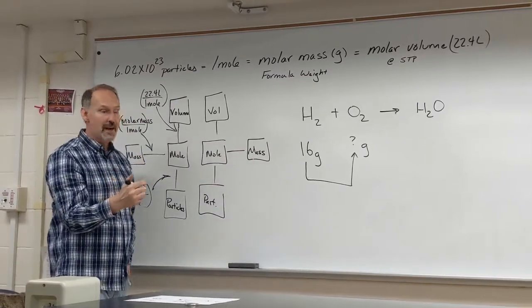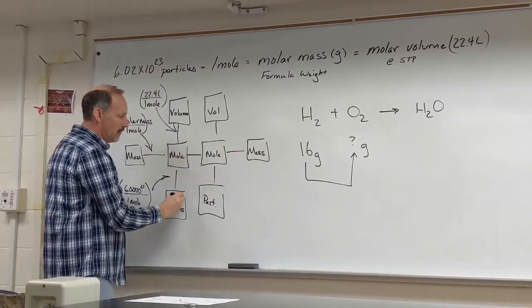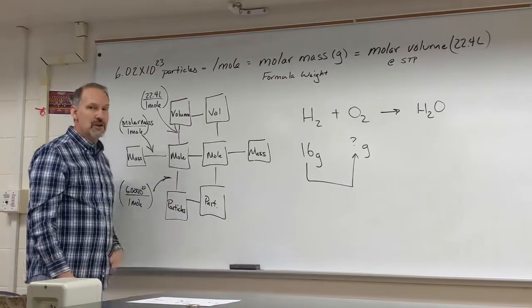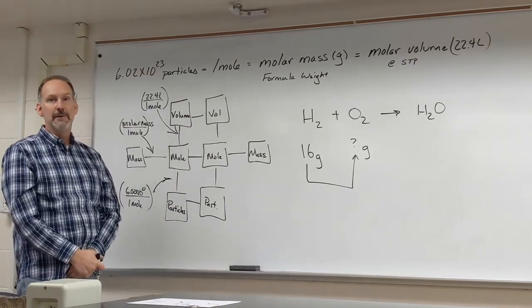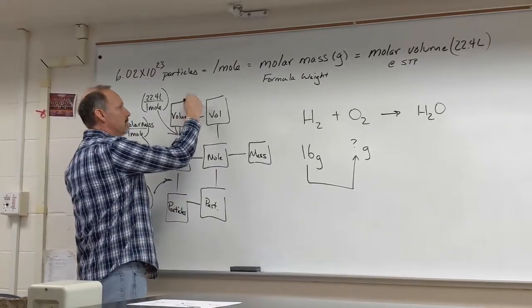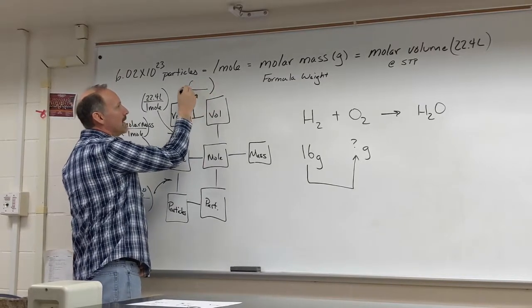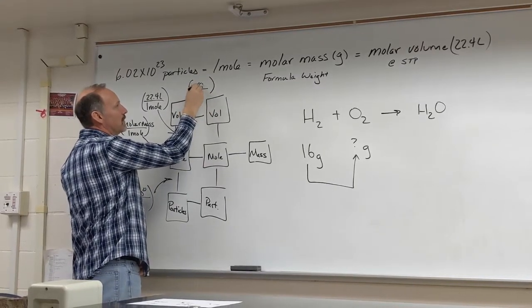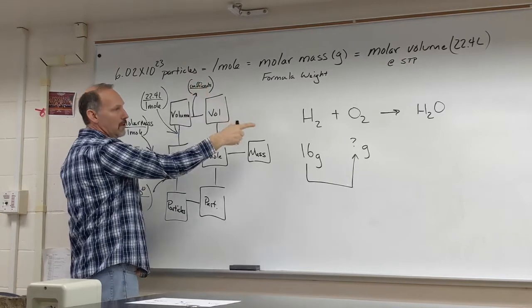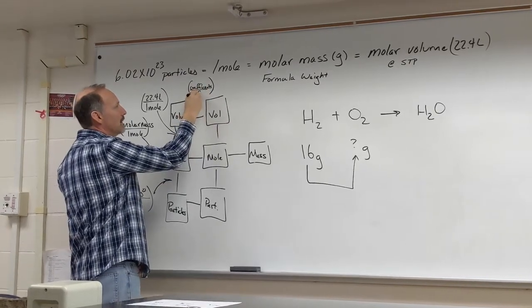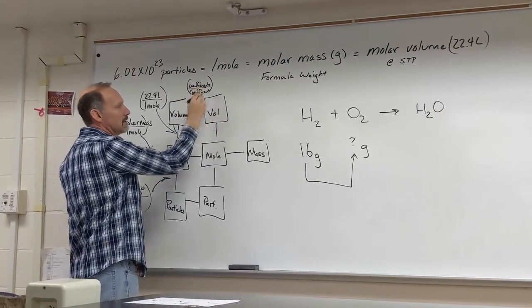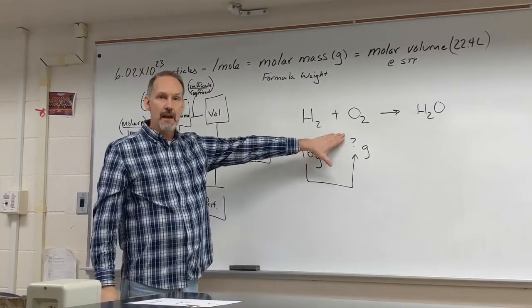And how do I do that? Well, I have to jump the chart. And jumping the chart is very simple. You need the balancing coefficients. So what we need is to find the coefficients from this balanced equation. Whenever you're being asked about two materials, they have to be in a chemical equation.